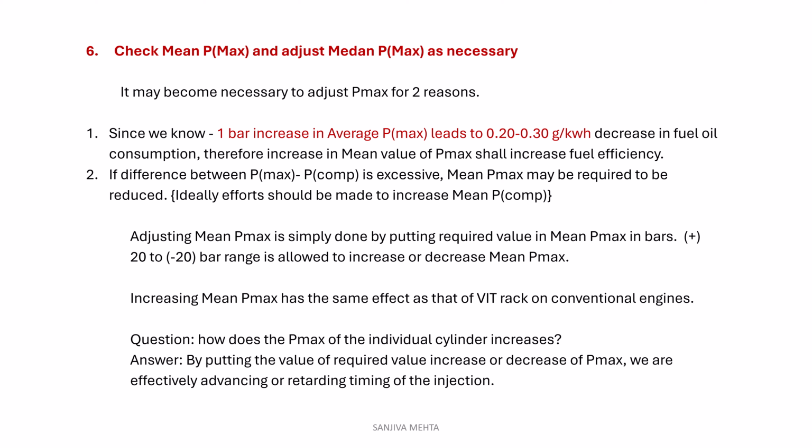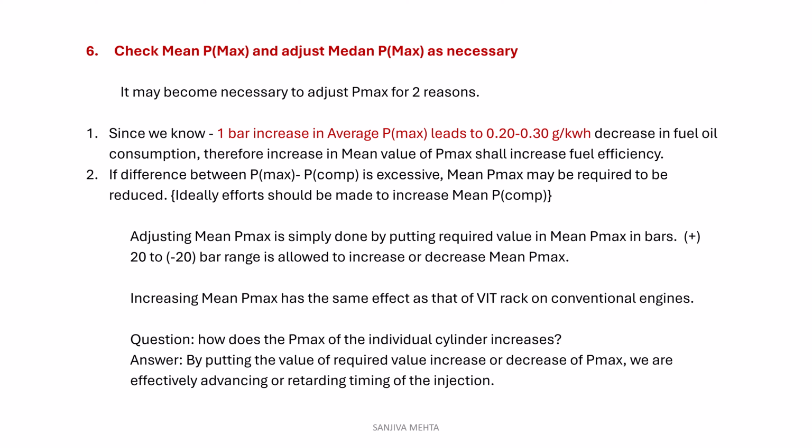Adjusting Pmax is simply done by putting the required value in mean Pmax in bars, plus minus 20 bar range is available. Increasing, actually it means when you increase the Pmax, what are you doing? Advancing the injection timing. Something like VIT, what you used to do in a conventional engine, the same is being done here.